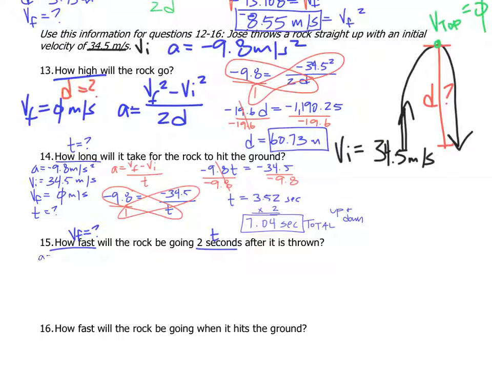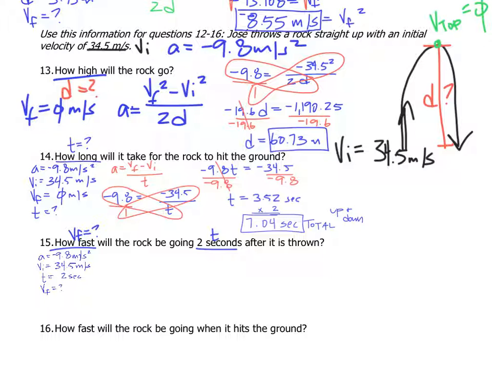We know acceleration is negative 9.8. I know the initial velocity is 34.5. It's telling me after 2 seconds, so the time that it's giving me is 2 seconds. And I want to solve for final velocity.